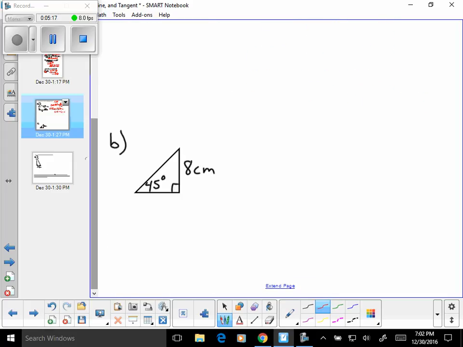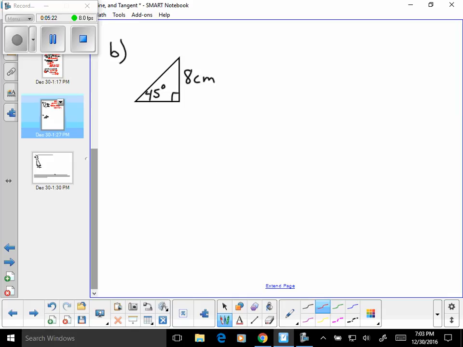At this point, you should hit pause and try example B. Now the tricky thing here is you got to remember though that this is an equilateral right triangle, so we're going to be working with that particular side. We need to find the hypotenuse, so it's a little bit different.